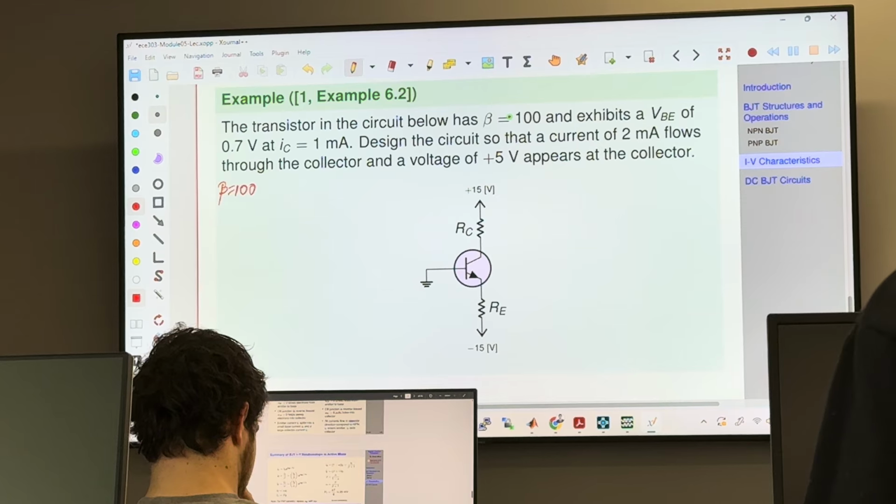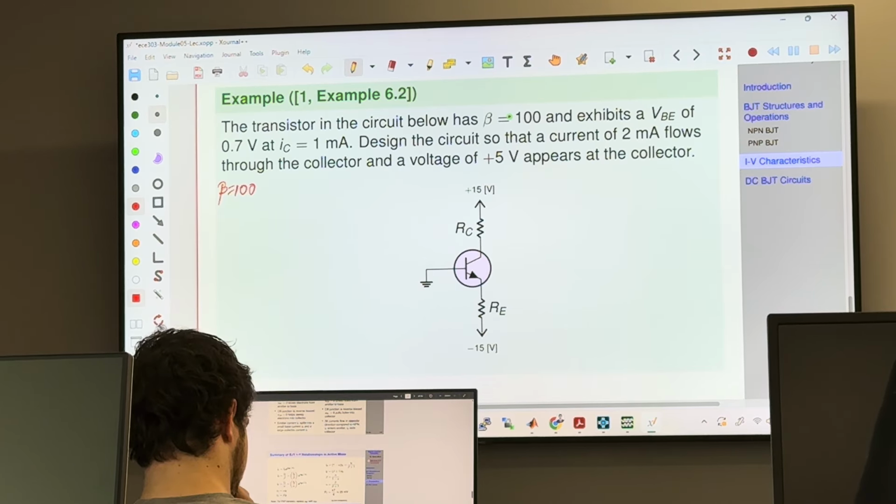IC equals beta IB. So the collector current IC is going to be 100 IB, which gives you the base current as such.